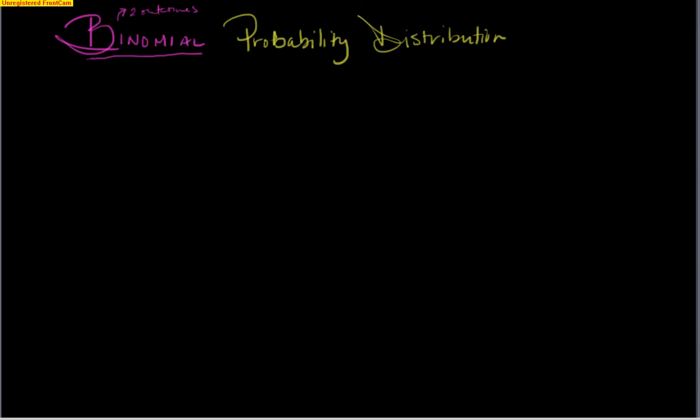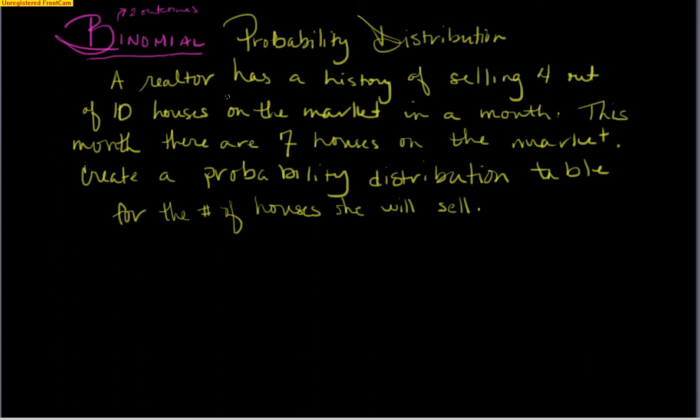Okay, so let's take a look at a question here. This says a realtor has a history of selling 4 out of 10 houses on the market in a month. So that means on average this realtor sells 4 out of 10 houses.